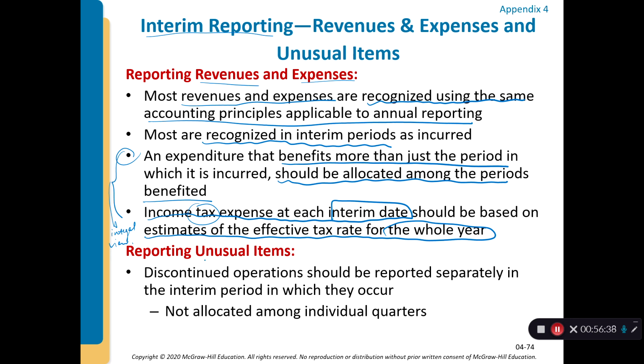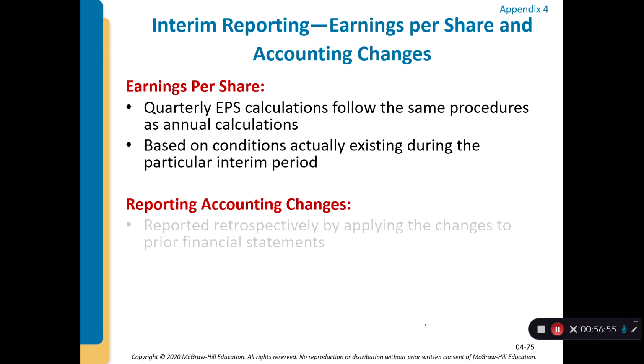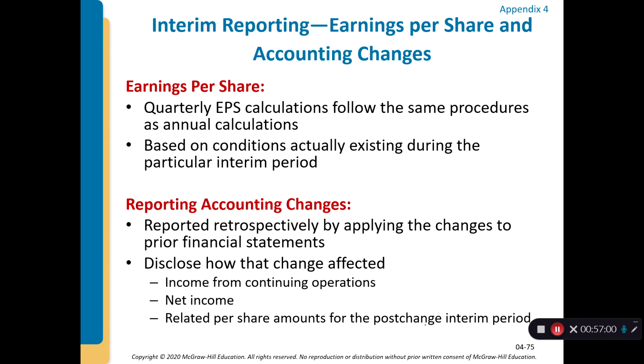In terms of unusual items, such as discontinued operations, they should be reported separately in the interim period in which they occur, and are not allocated among individual quarters. And then in terms of earnings per share, how do we report it?